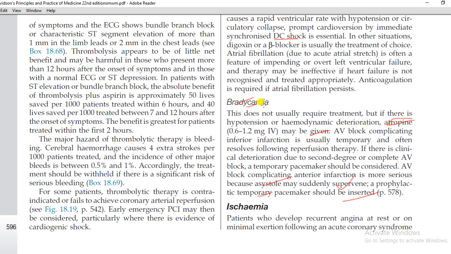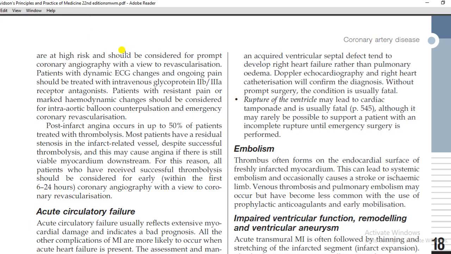Ischemia. A person may develop recurrent angina at rest or on minimal exertion following an acute coronary syndrome. These patients are at high risk and should be considered for prompt coronary angiography with a view to revascularization.